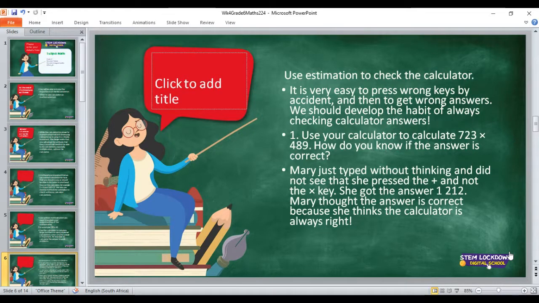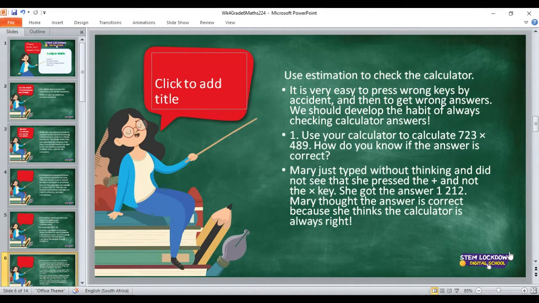For example, say I give you 1,489 multiplied by 360, and you accidentally press a plus sign.